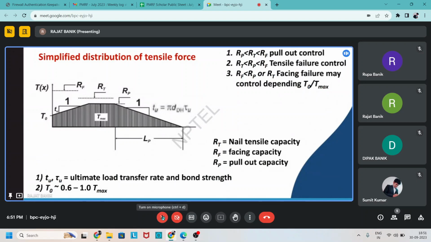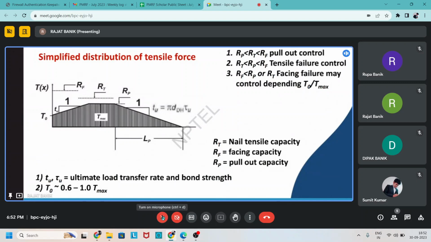So there is some amount of face strength, and after that this force increases with distance due to the soil nail arrangement. At a particular distance the axial or tensile force is maximum, and with further distance this force reduces. At an LP distance from this maximum point, the force becomes zero.